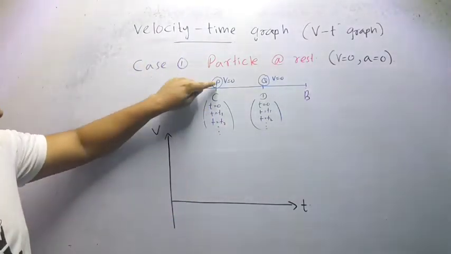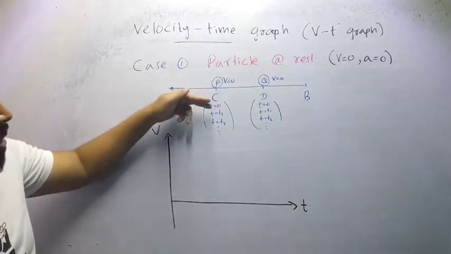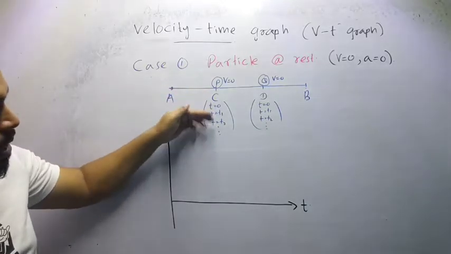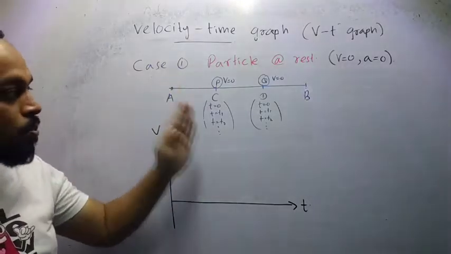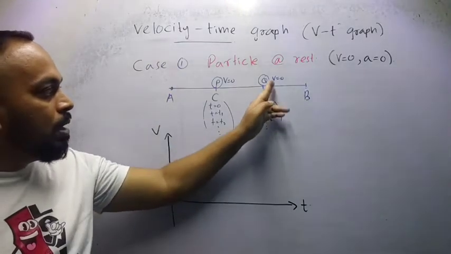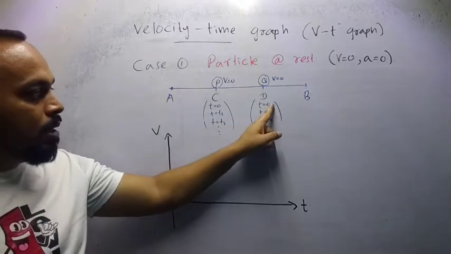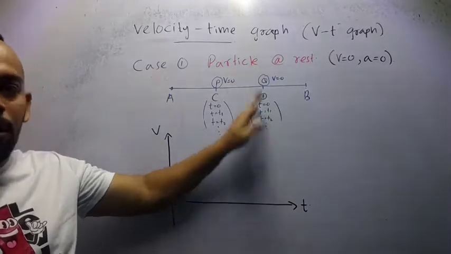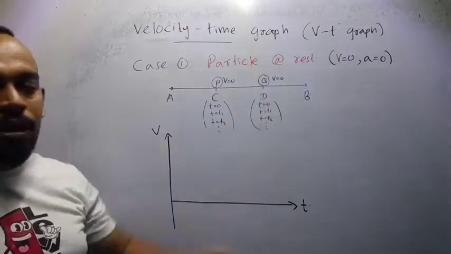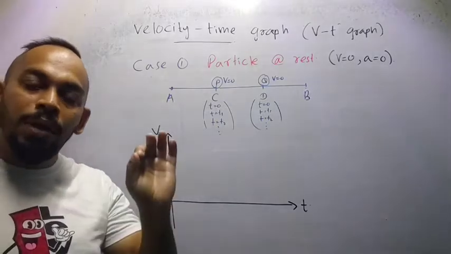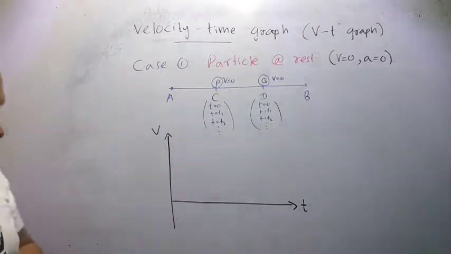Then t equals 1, same point. t equals 2, same point. That's why I noted time as a column right below the C point, because it is not moving. Similarly, if Q is not moving at t equals 0, t1, t2, t3, continuously in a time continuum, the particle stays at D. The velocity of both particles is 0.